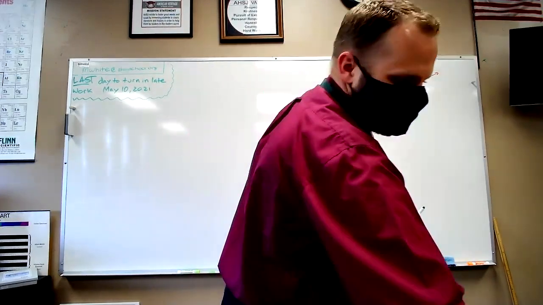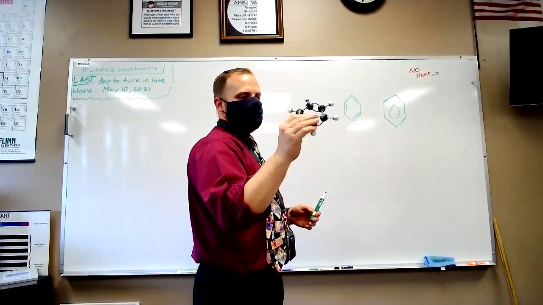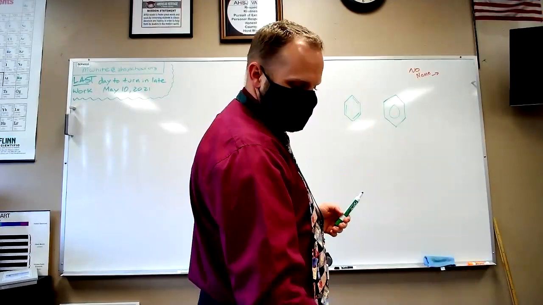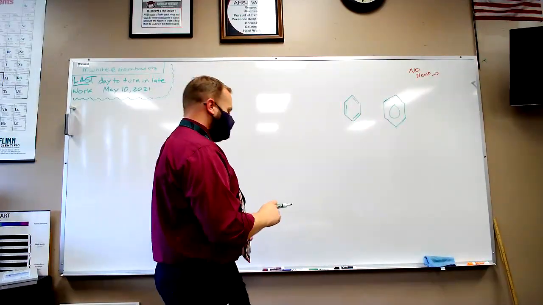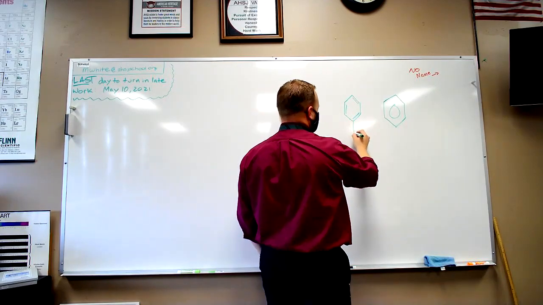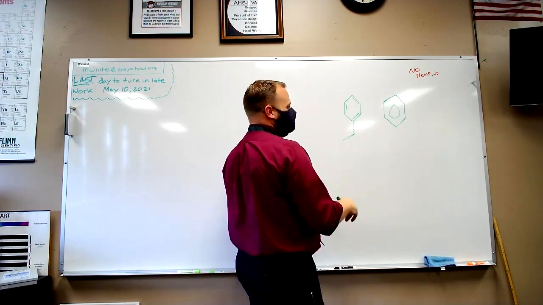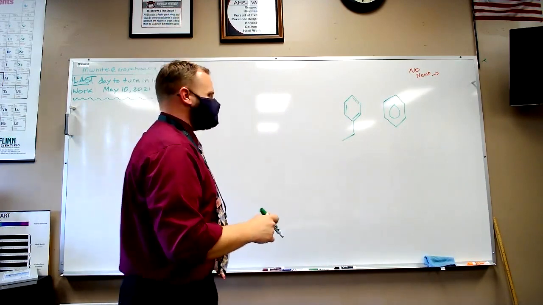Anyway, so this is the structure. It's 6 carbons, double bonds every other, 6 hydrogens. If you ever run into it and, say, we put an ethyl group right there, it's just like naming the other ring structures.